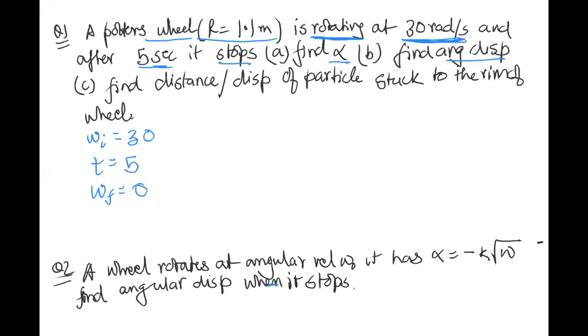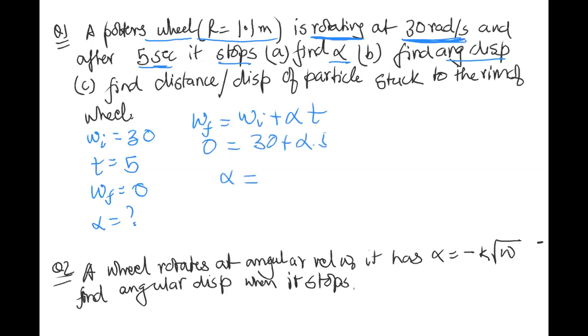And we need to find alpha, right? So to find alpha, final omega is equal to initial omega plus alpha t, so 0 is equal to 30 plus alpha into 5. So alpha is equal to minus 6 radian per second square.